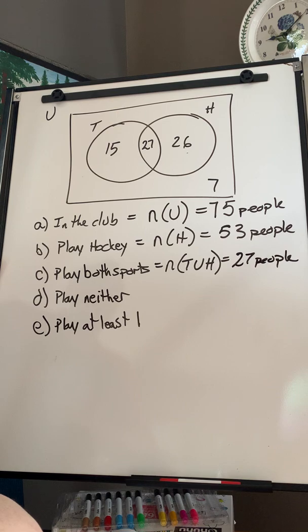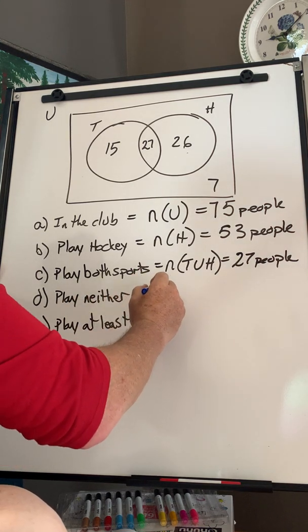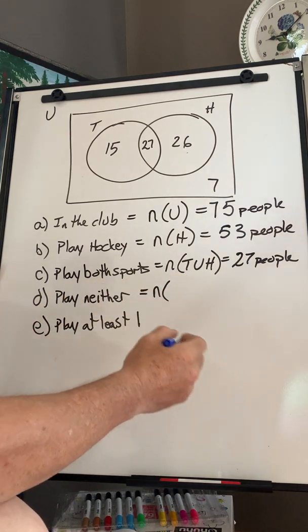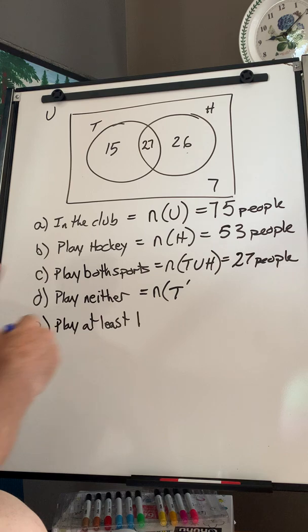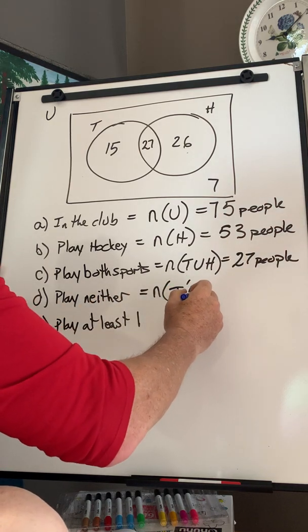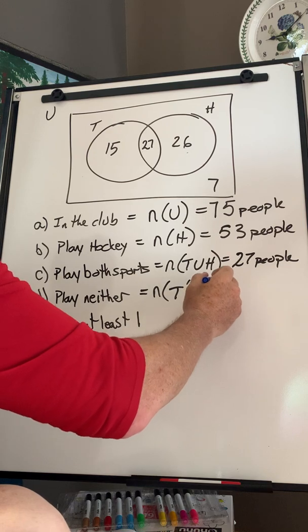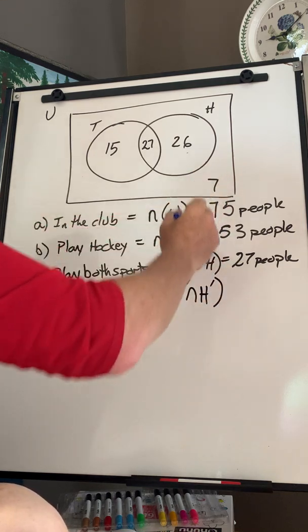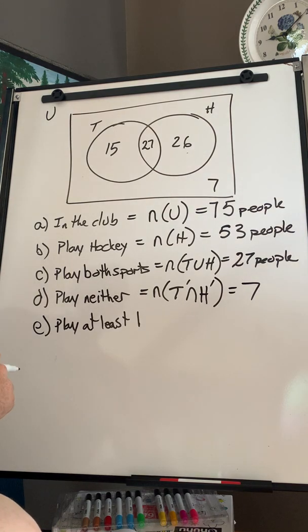Play neither. So I want the number of people who don't play T. So I want the complement of T intersecting with the complement of H. That would be that 7. That goes back to the diagram from section F that I started that section with.